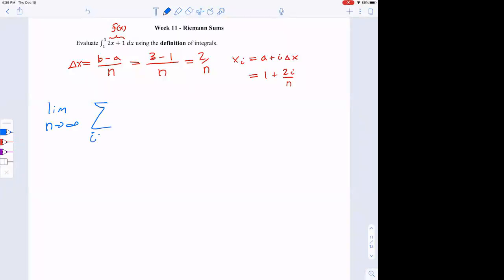So we'll have the sum from i equal 1 to n of the width of each rectangle, so 2 over n, multiplied by the height of each rectangle, which is f evaluated at x sub i. And x sub i is right here. So let's plug that in. f evaluated at 1 plus 2i over n. Maybe it would be nicer if I just leave this as change in x for the moment and we write another step.